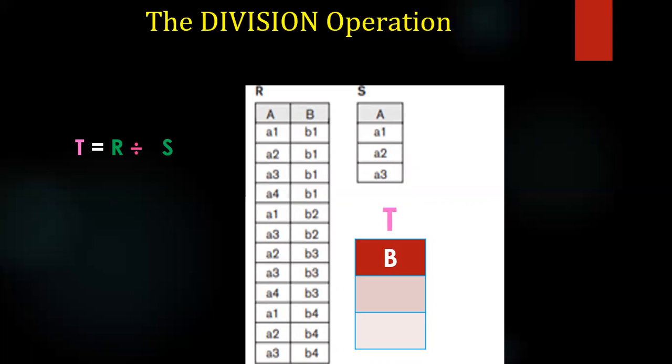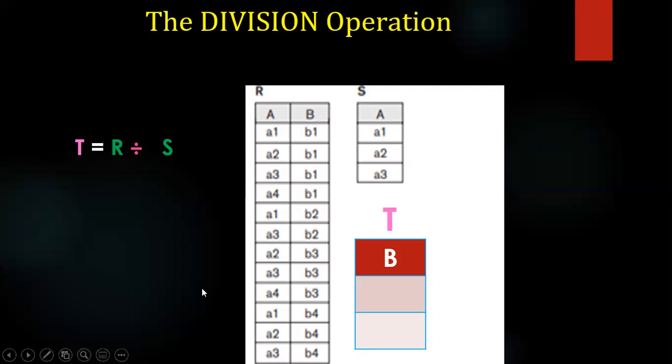Division operation is applied to identify the matching tuples for all the values of the denominator. The resultant relation will contain attributes from the numerator by matching attributes in the denominator.